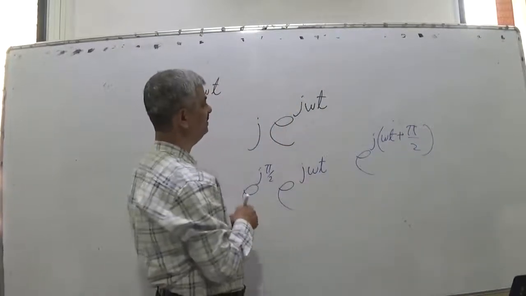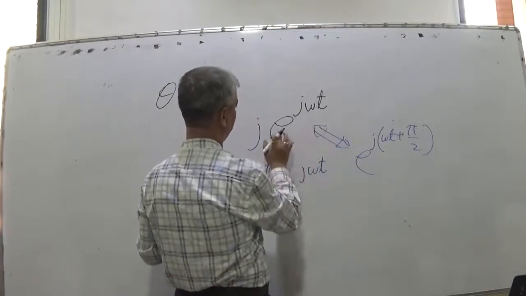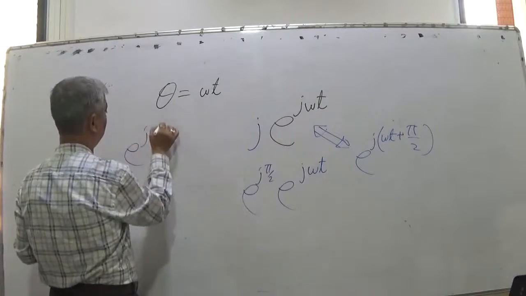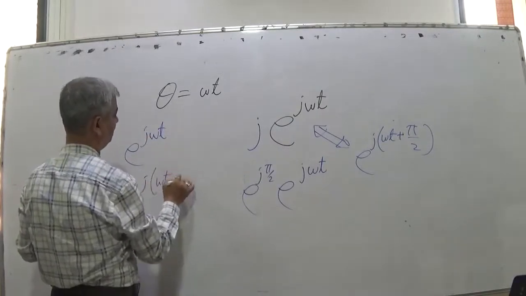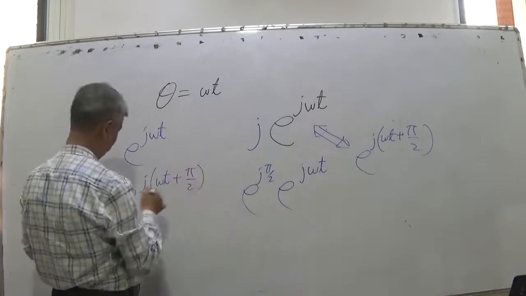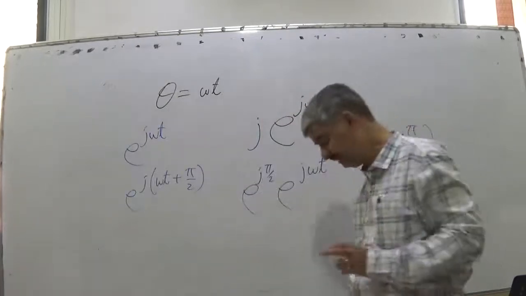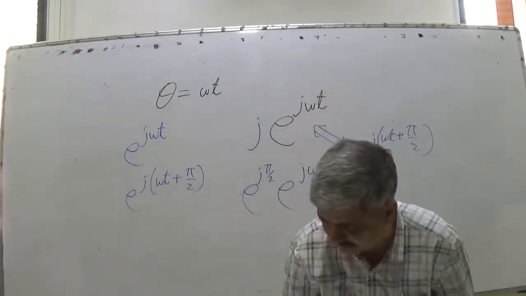So what is the difference between these two? This one means only e raised to j omega t and e raised to j omega t plus pi by 2. What is the difference? Both are rotating points. Remember it very clearly.